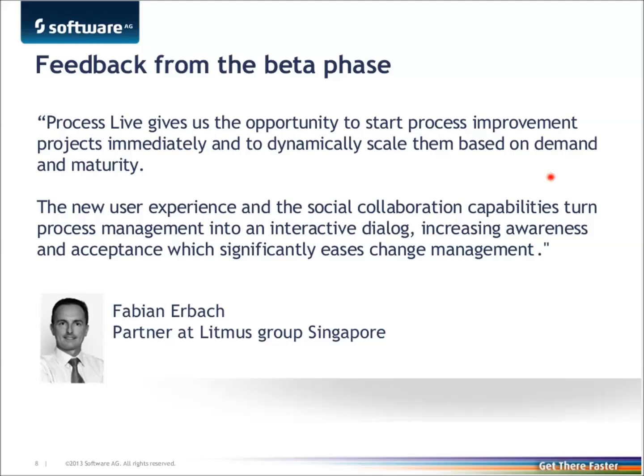Litmus is running process improvement projects with Process Live. A customer needs to improve processes. They create a project room and run a project with that client. If the project is done, they either stop the project or they just keep it alive if another improvement loop comes in. And they do that with all of their customers.